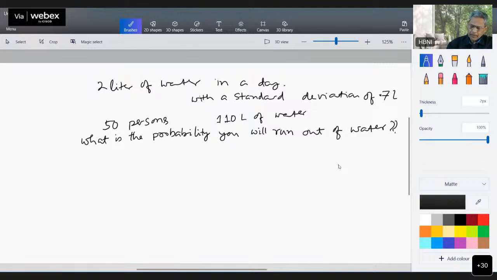You know the mean that each person takes in a day, mu. This is something like a population mean, 2 liter, and with a standard deviation, sigma, equal to 0.7 liter. And your sample average, you are taking 110 liters, so mu for your sample is 2.2 liter.